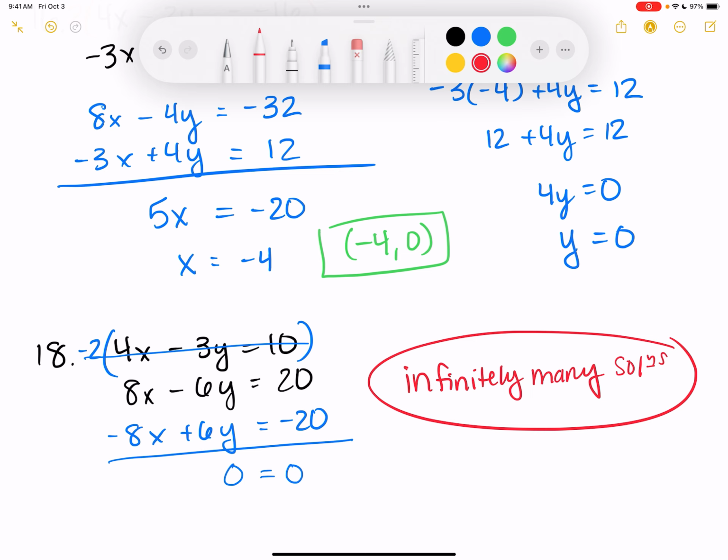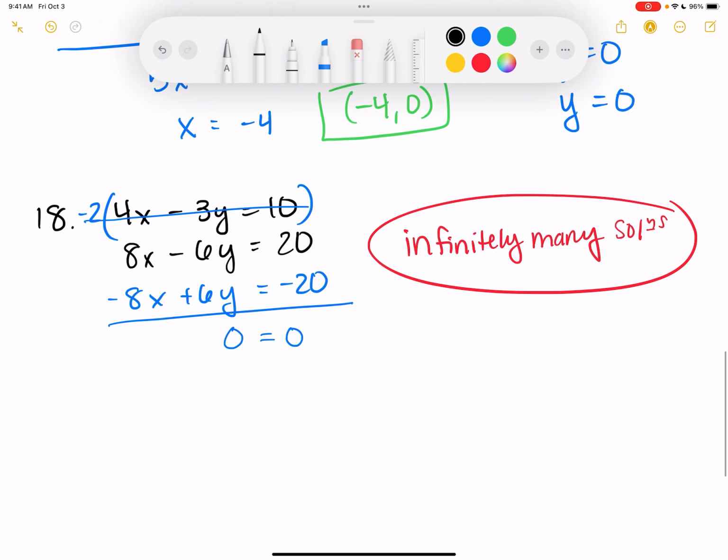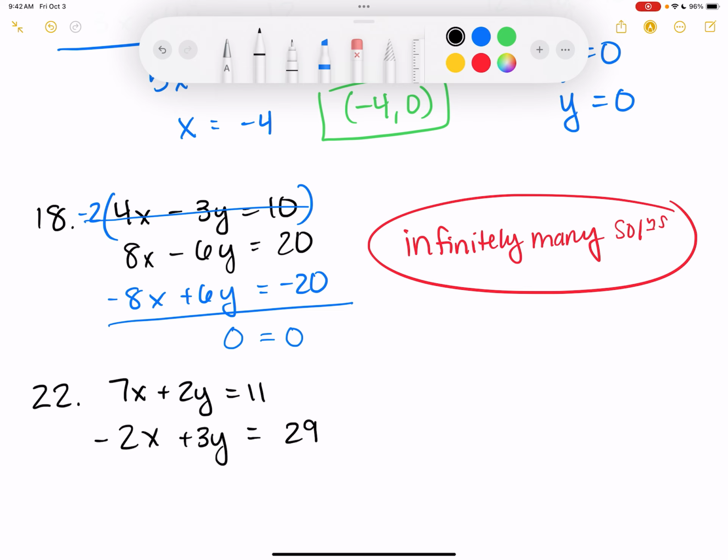22. 7x plus 2y equals 11, and negative 2x plus 3y equals 29. All right, so nothing is already the same number, opposite sign, so I know I'm going to have to do some multiplying.